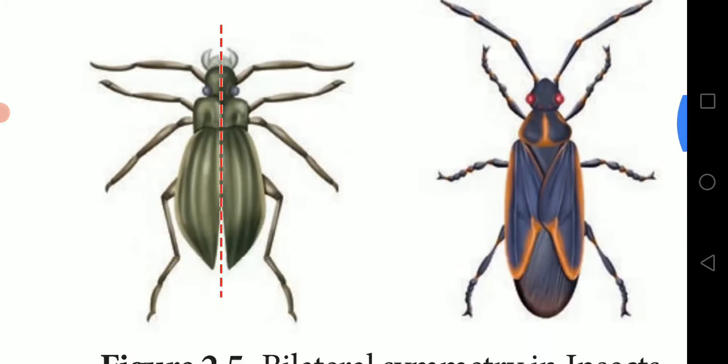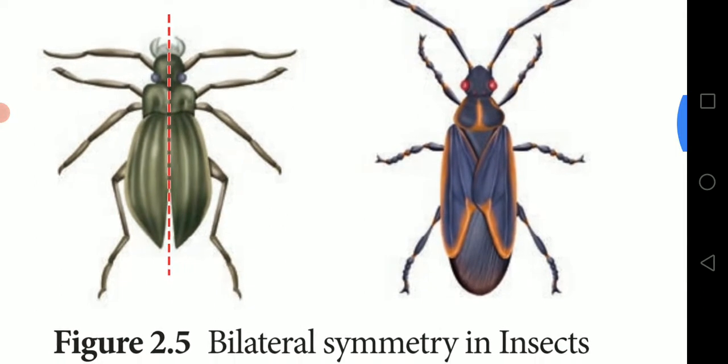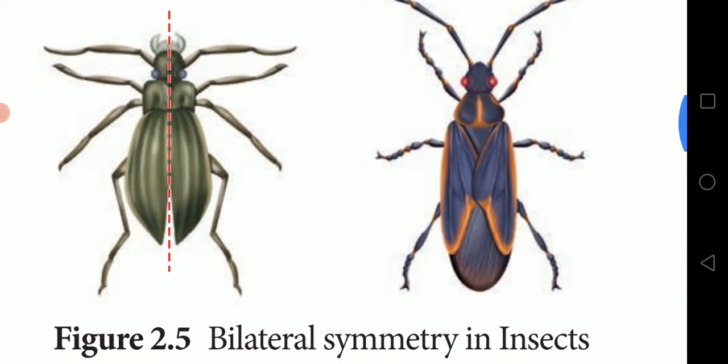Example, comb jelly. Here is the full image of a comb jelly. If you draw a line in the middle, in both directions, the body of the organism is divided into 2. That is because of biradial symmetry.